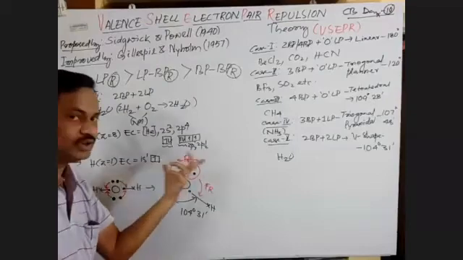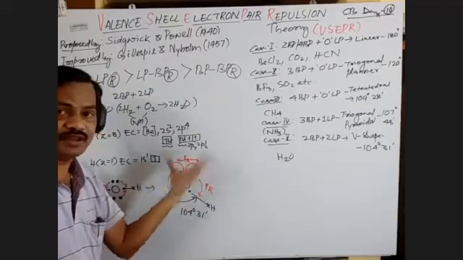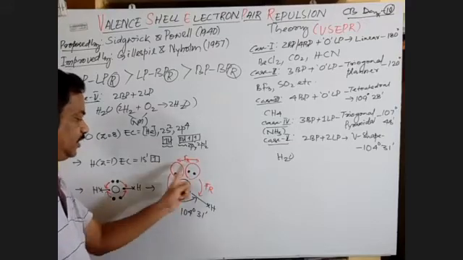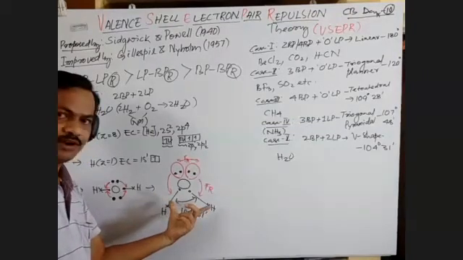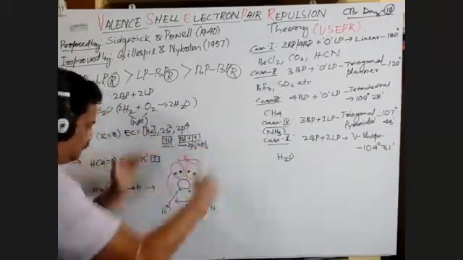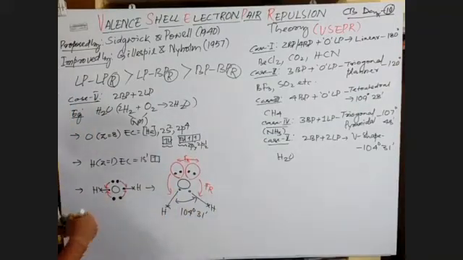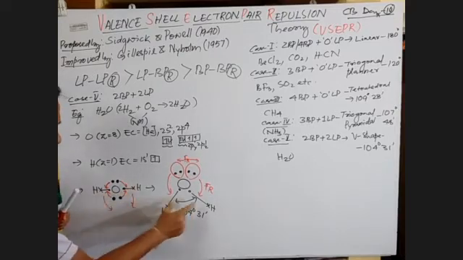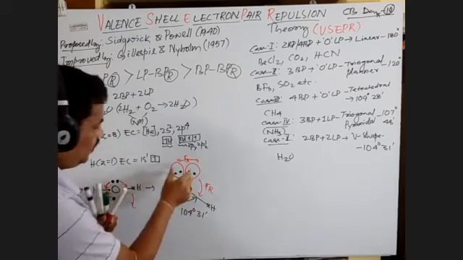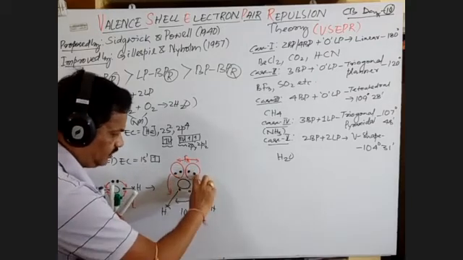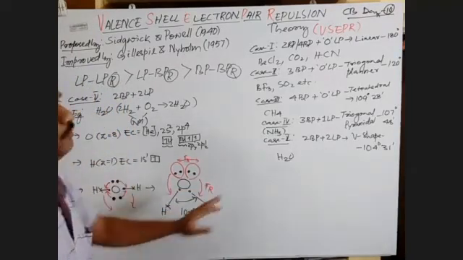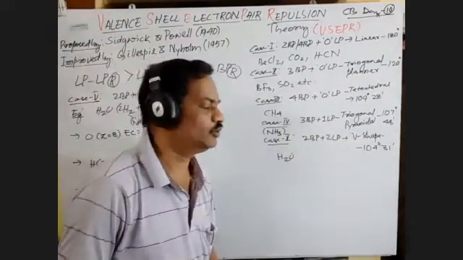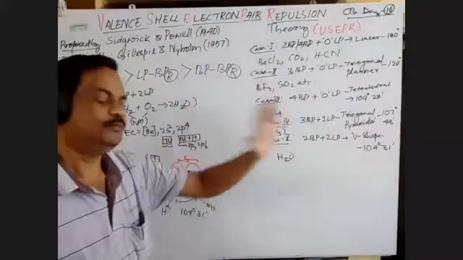So the lone pairs occupy more space around the central atom and repel the bonded pairs. As they repel the bonded pairs, this bond will move in this direction, and this bond will move in this direction, because repulsion between the bonded pairs is less. That's why the shape of the water molecule is V shape, with the bond angle decreasing a little further to 104 degrees 30 minutes.